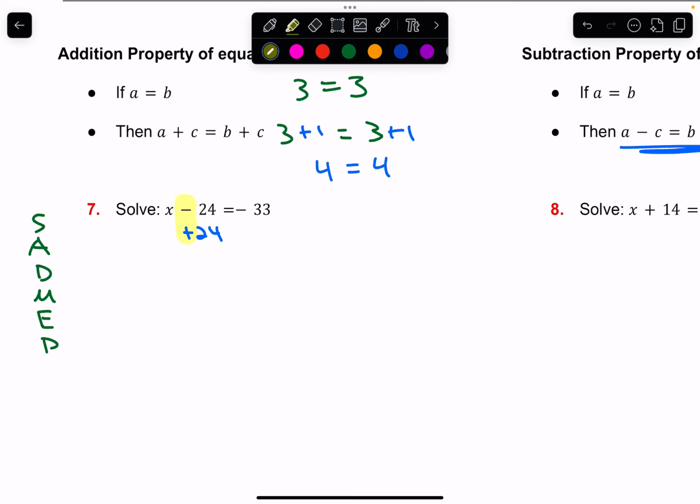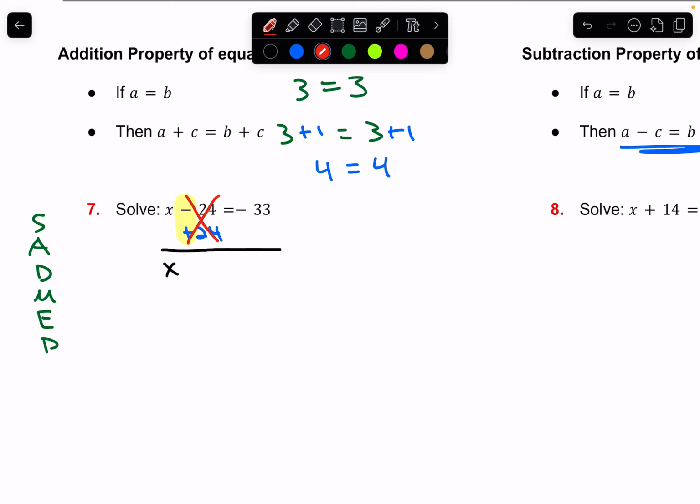These are inverses. I'm trying to do the opposite because on this left side, when I add together negative 24 and 24, I want to get a 0. That way, this now says x plus 0, but I don't have to write that 0. These 24s are just going to cancel out and go away.